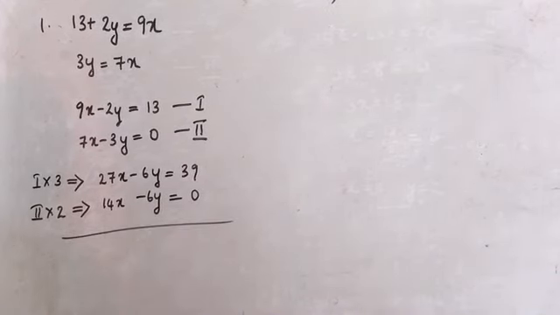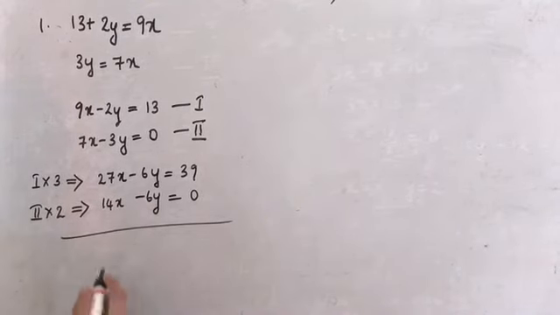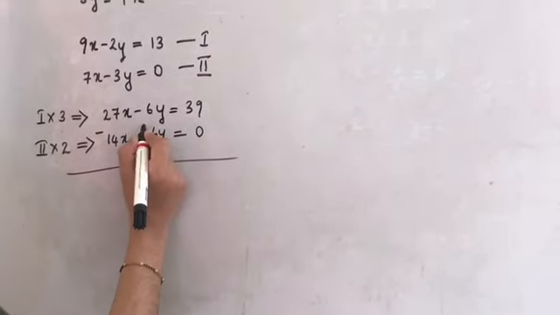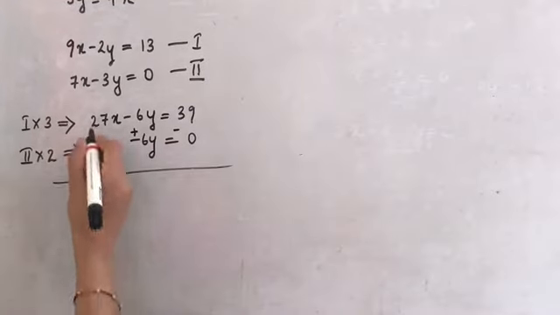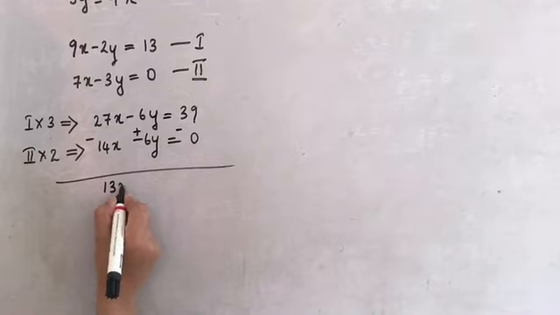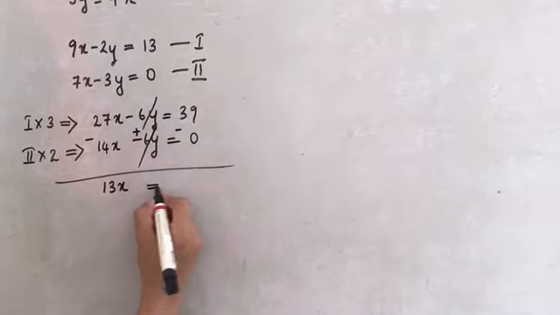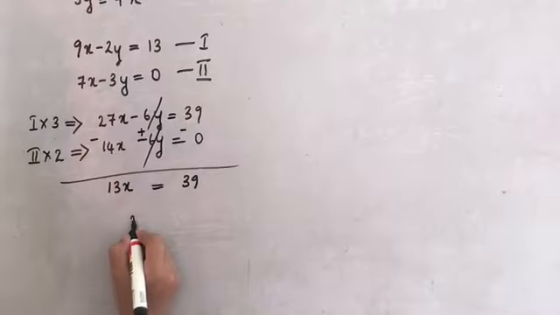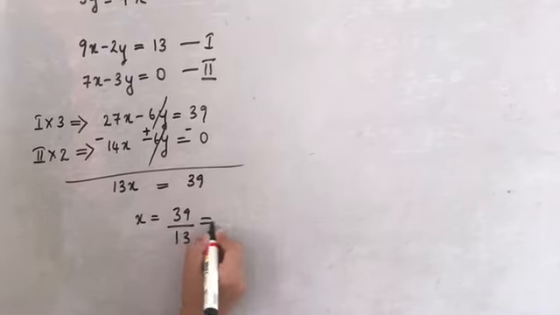In this case you have minus 6y and minus 6y, so you need to subtract the equations. When you subtract, 27x minus 14x gives you 13x, minus 6y and plus 6y gets cancelled, that is equal to 39. So you get x equals 39 by 13, that is equal to 3.